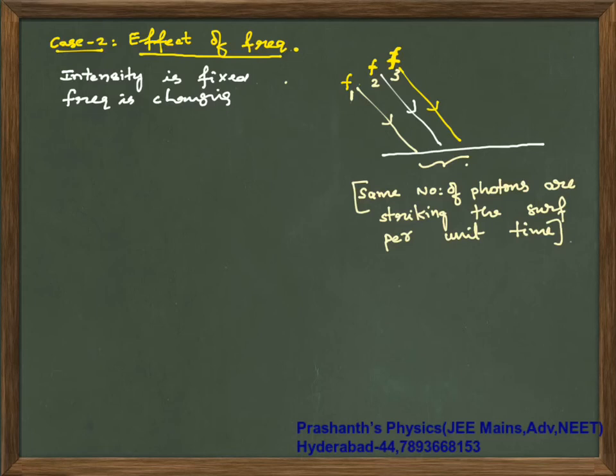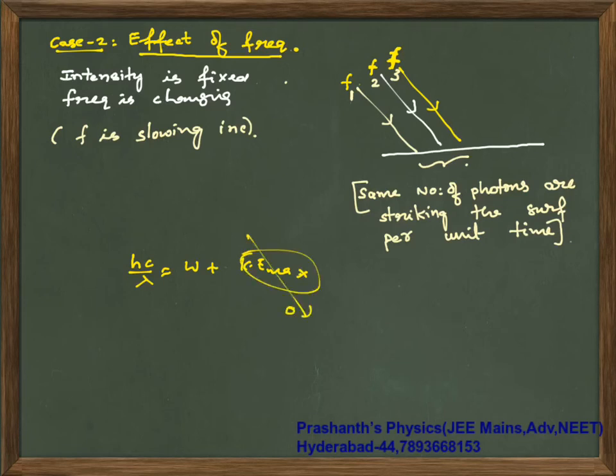Now at a particular frequency, you are slowly increasing the frequency until the stopping potential is reached. Till the threshold frequency comes, there will be no emission at all, right? For photoelectric emission, in the expression hc by lambda is equal to work function plus Ke max of the ejected electron, if you take the limiting value, your work function is nothing but hc by lambda or h times the threshold frequency.